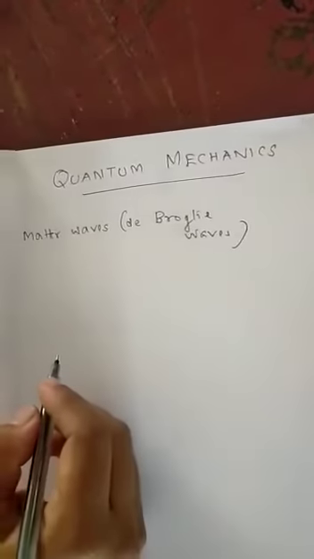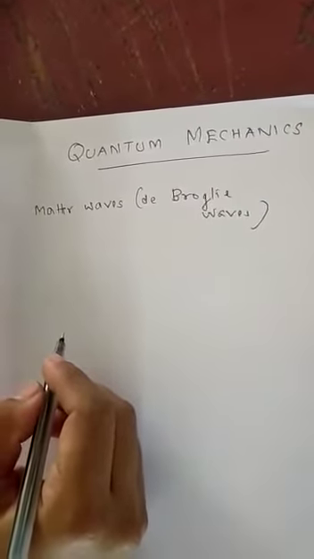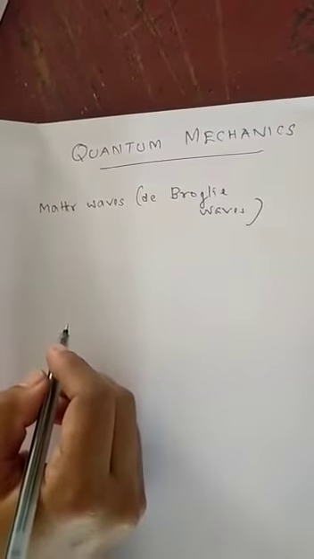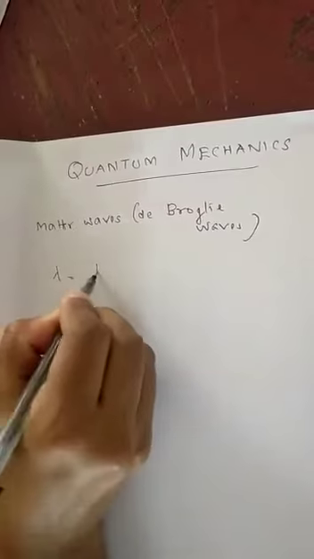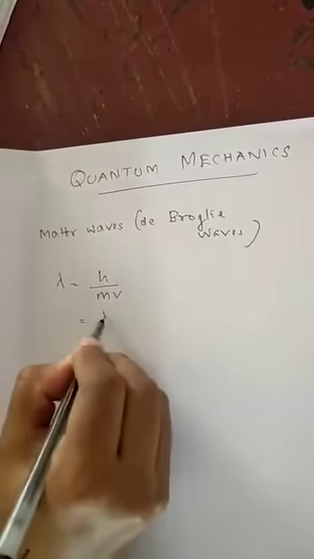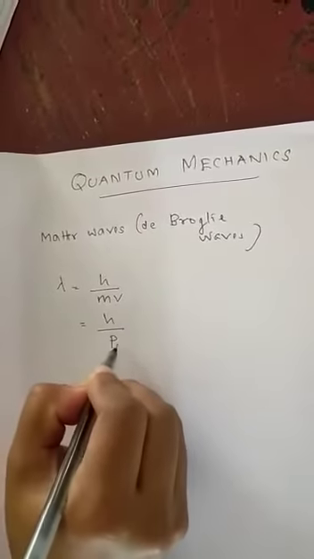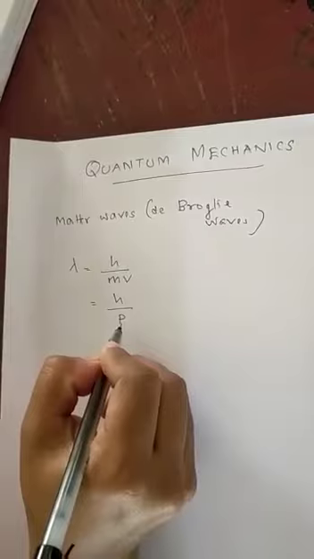According to Louis de Broglie, a moving particle is associated with a wave nature, and the wavelength is given by lambda equal to h by mv, or h by p. Here p is the momentum and h is Planck's constant.